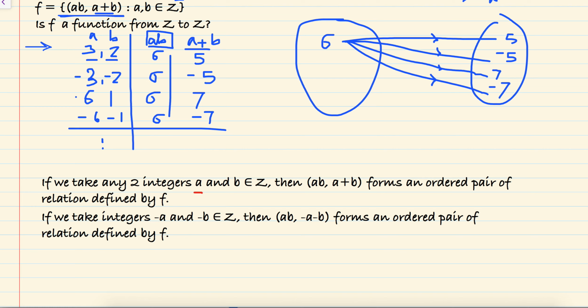So if we pick any two integers A and B, then AB and A plus B forms an ordered pair, and for different integers minus A and minus B, again AB forms an ordered pair. So here AB is the first element of both the ordered pairs.